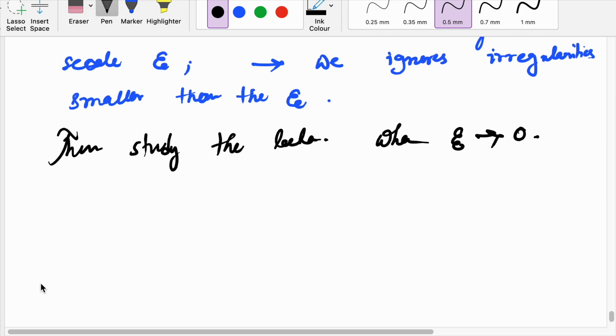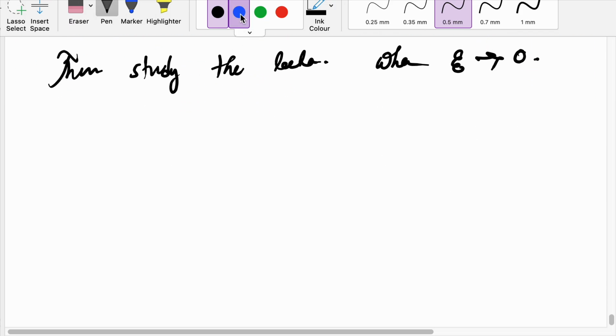So the box definition is, we use boxes of size epsilon, and ask how many size epsilon boxes are required to cover the whole space S. Let me give an example.